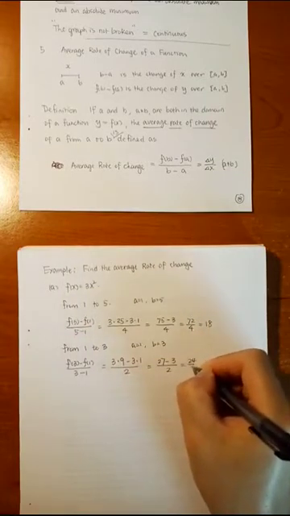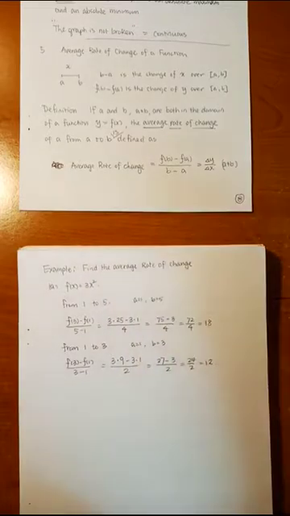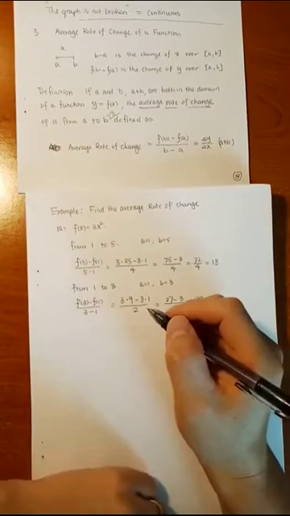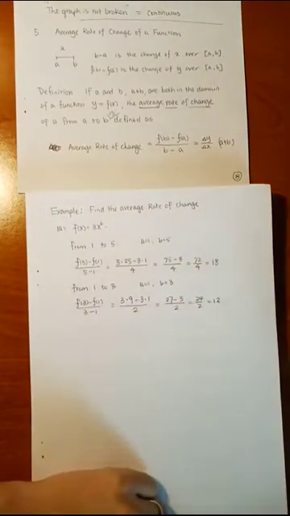It's 24 over 2, it's 12. Okay, so that's the average rate of change. Let's see.